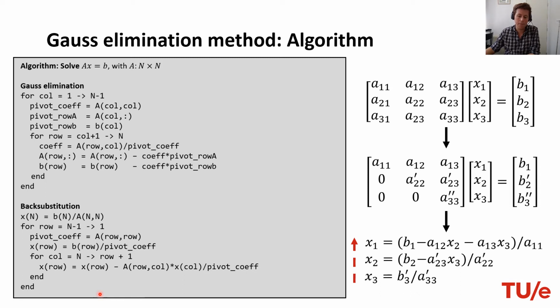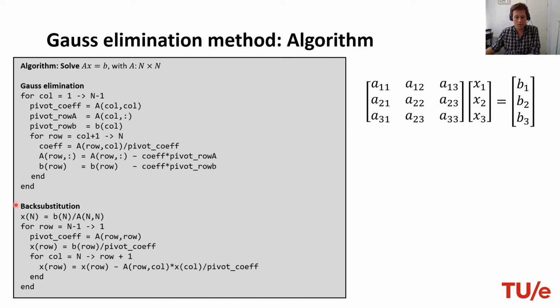The algorithm's purpose is to solve AX = B for known A and known B to obtain X, where A has n rows and n columns. There are two steps to this algorithm. First we start with Gaussian elimination, after which the matrix A will be recast into upper triangular form. And then we do a back substitution to compute all the components of the unknown vector.